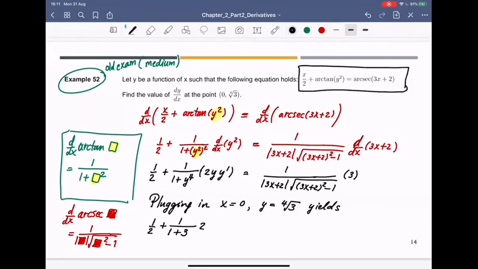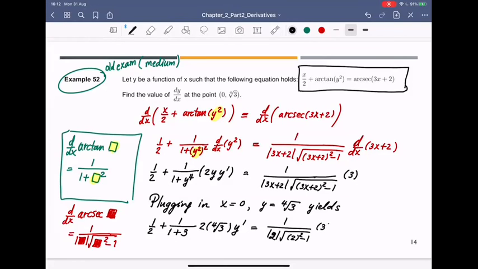And that is 2 times the 4th root of 3, times y prime, which is what I want to solve for. And then equal to 1 over 3 here, because I plug in x equal to 0. And then here is 2 squared minus 1. Oh, that's 2, sorry, that's 2.